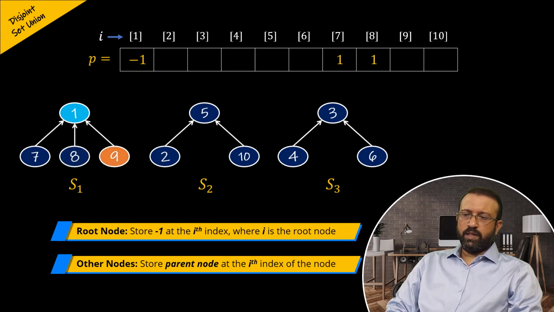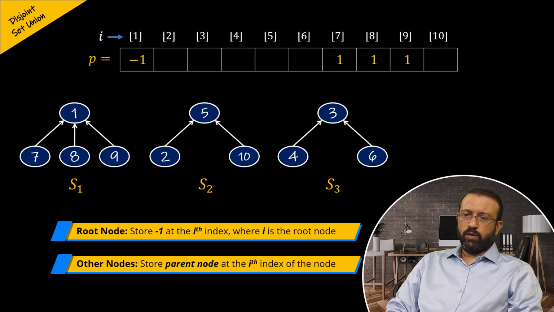And since the node with element 9 is not a root node, and its parent is the node with element 1, we will store 1 at index 9 in the array. That is, we are storing the parent, which is 1, of the element 9 at index 9 in the array. So this is how we can store the disjoint set S1 in the array.